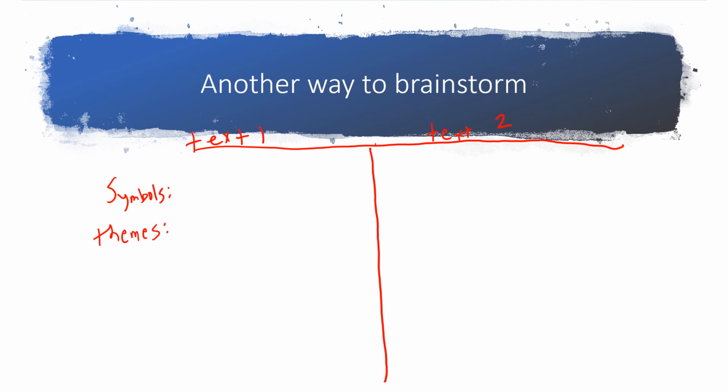Under text 1 you would put the symbols that you see in text 1. So if I was writing about The Story of an Hour, I would put window and door as the symbols in The Story of an Hour.